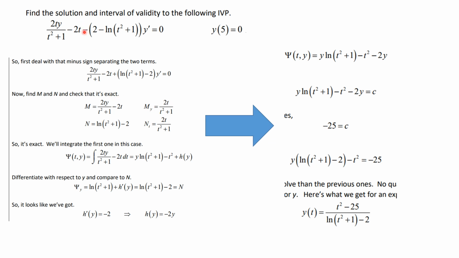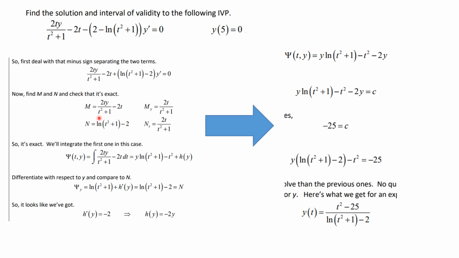Okay, now you do have to clean this up in 2 ways. You have to change this. This is dy dx. You have to multiply all the way through by, actually it's not dx, it is dt, because t is your independent variable. So we're multiplying all the way through by the dt. The other thing is that we have a minus sign here, and in our general form we have a plus, so you have to compensate for that.